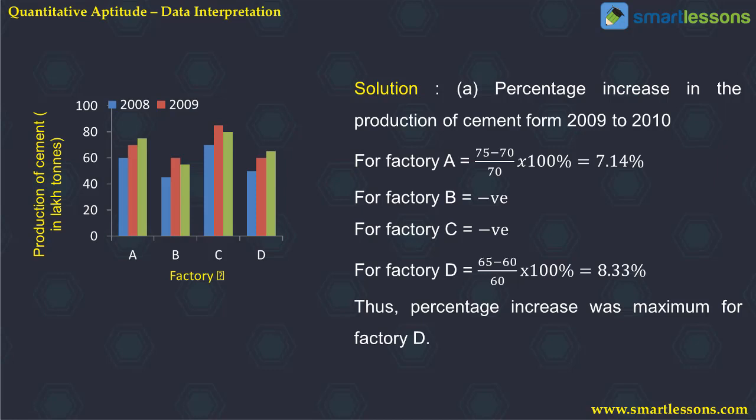So it means that factory D has less production in 2009. So for factory D, the percentage increase is more than factory A. So that means factory D would be the right option. So option A is the correct option. So again, in this way, you just choose the right option logically. No need to work out the complete calculation.